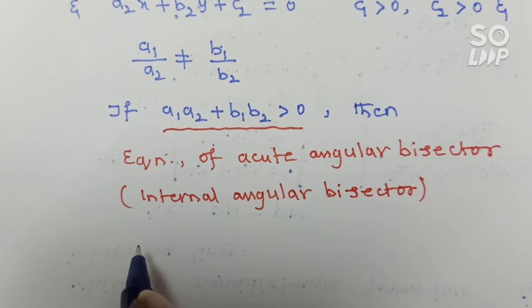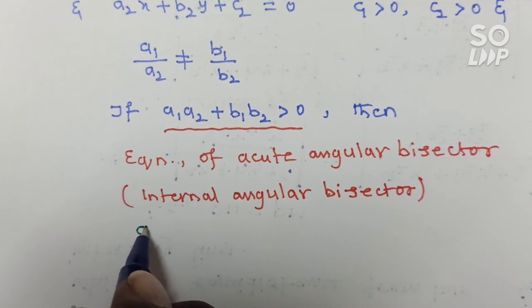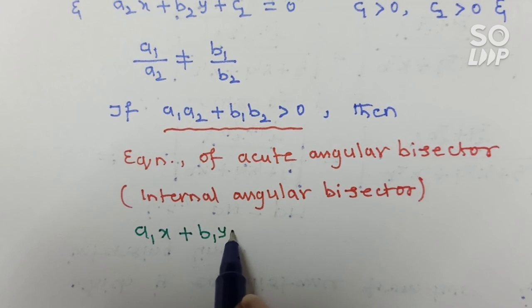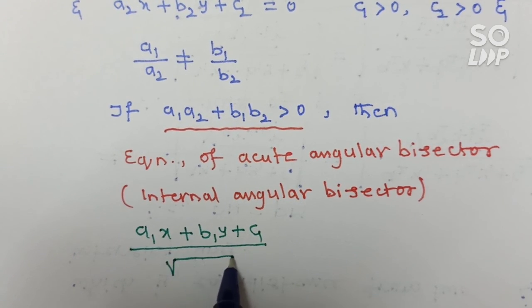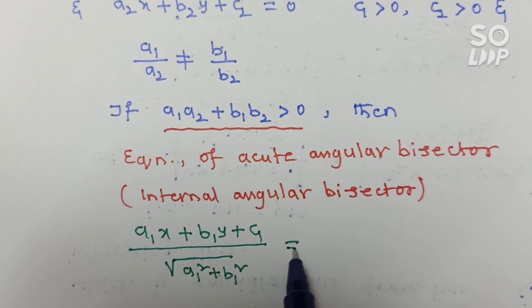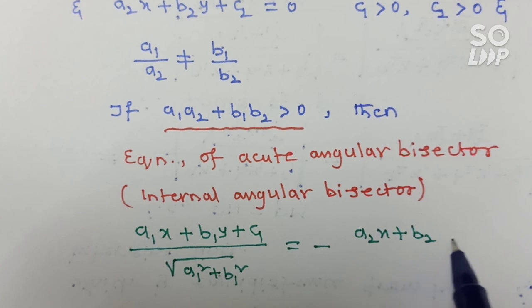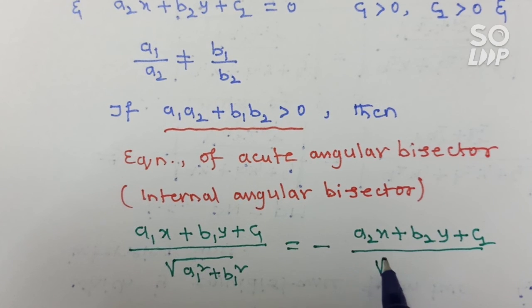That will be a1 into x plus b1 into y plus c1 whole divided by root of a1 square plus b1 square is equal to minus of a2 into x plus b2 into y plus c2 whole divided by under root of a2 square plus b2 square.